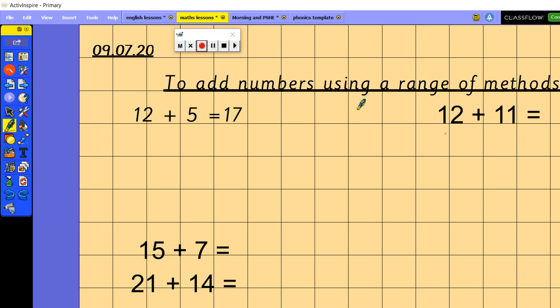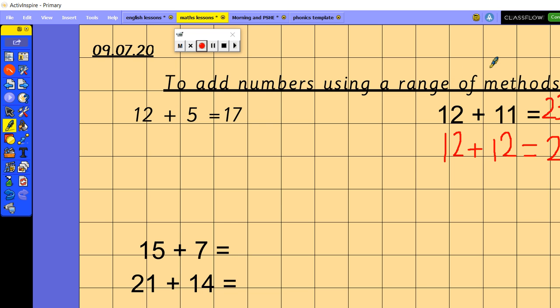So because they are very close to each other and they are near doubles, we could do 12 add 12. Now we know what 12 add 12 is, or double 12. We know it's 24. So I now need to just adjust my answer to remove that 1 to show that 12 add 11 is 23.